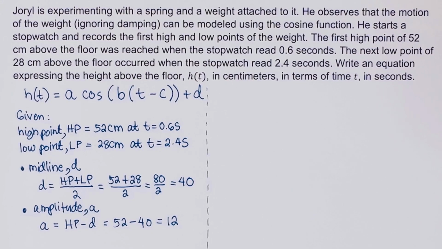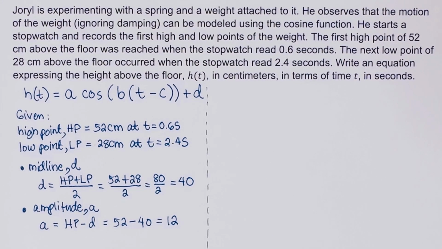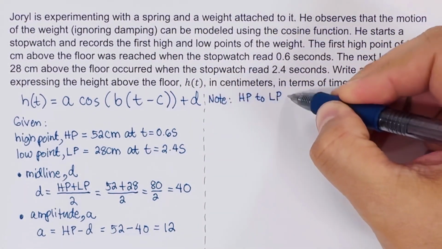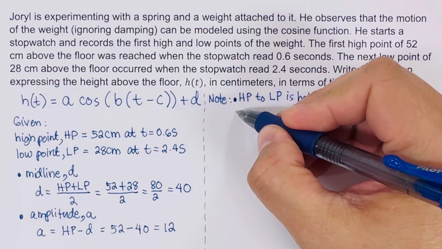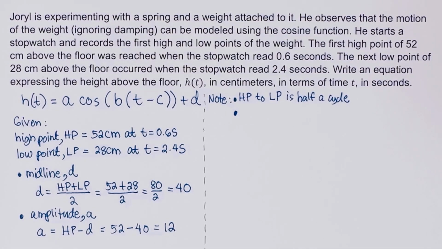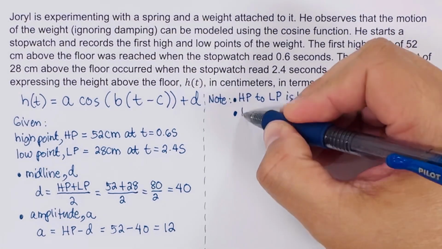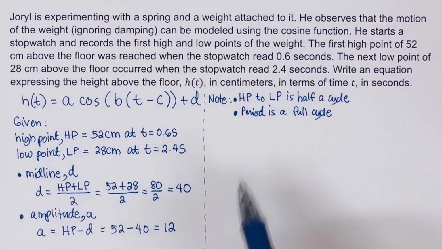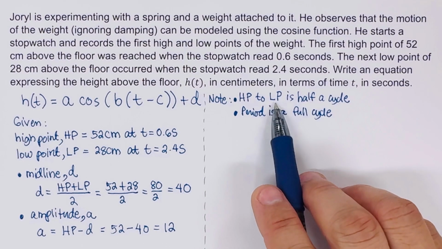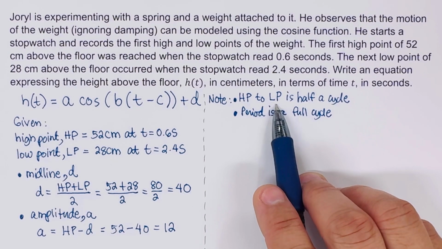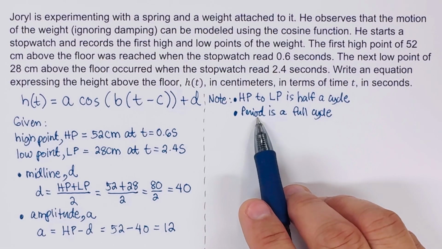Now please remember that from the highest point to the lowest point is half a cycle. And we also remember that period is a full cycle. So if the highest point to the lowest point is half a cycle, to solve for the period, we multiply it by 2.